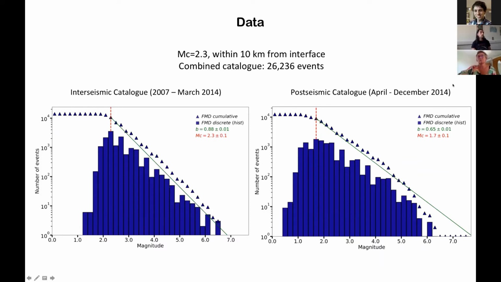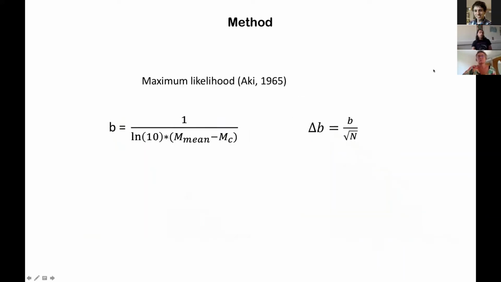Okay, so this is how the cumulative distribution looks. But the method we actually use for calculating b-value is not just fitting a straight line. Instead, we use the most popular method, the maximum likelihood method, which is a pretty simple equation. b is basically the reciprocal of the difference between the average magnitude of the subset of events that we are processing minus the magnitude of completeness.